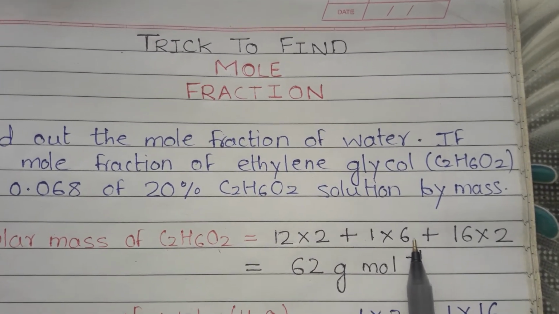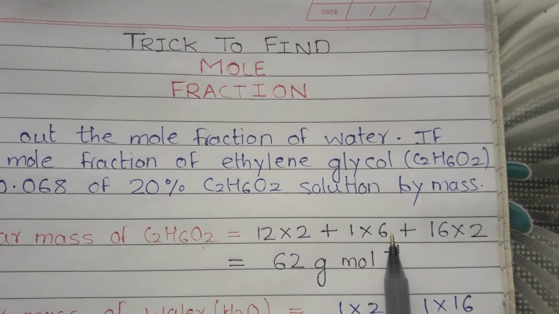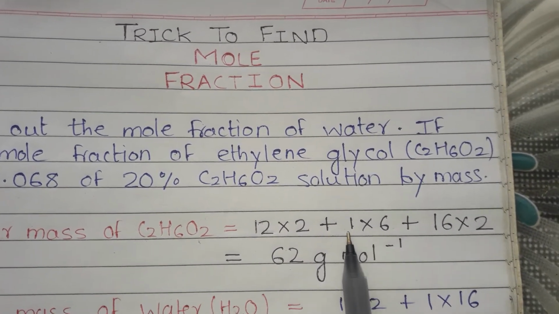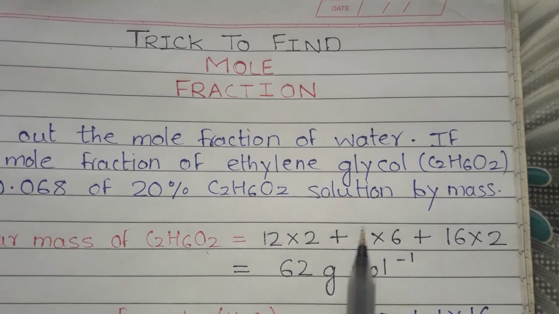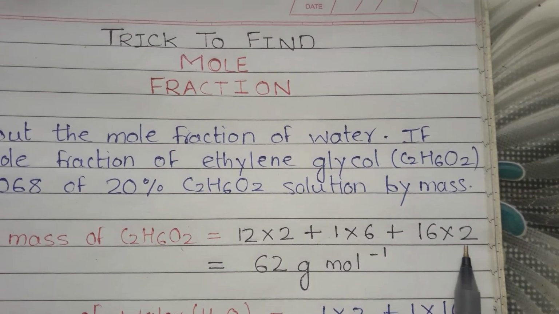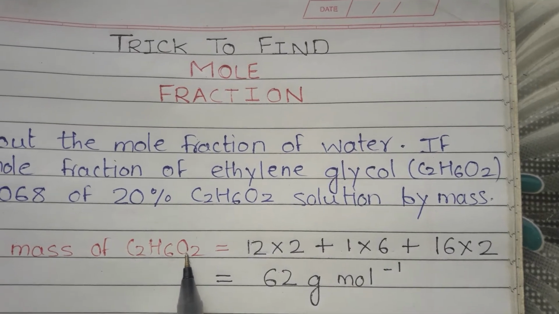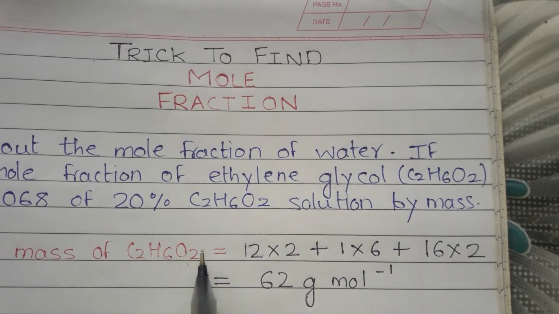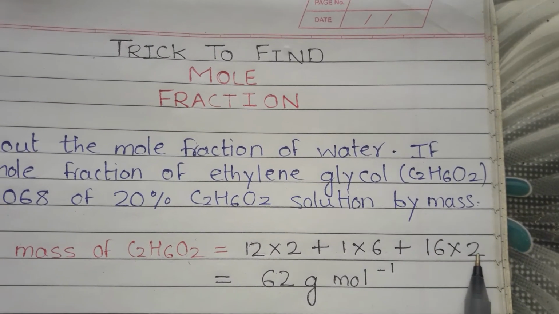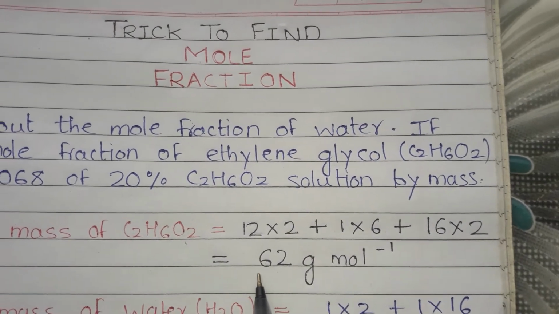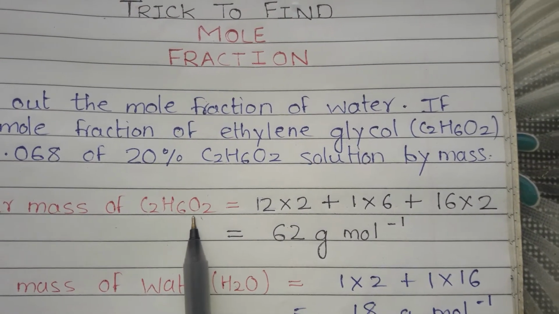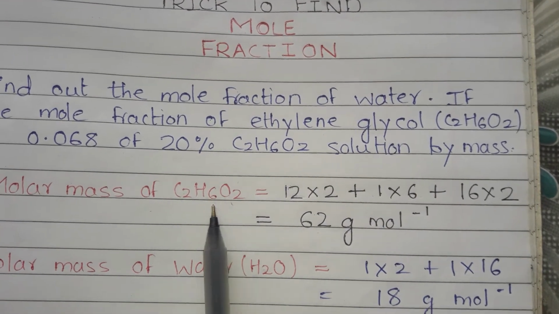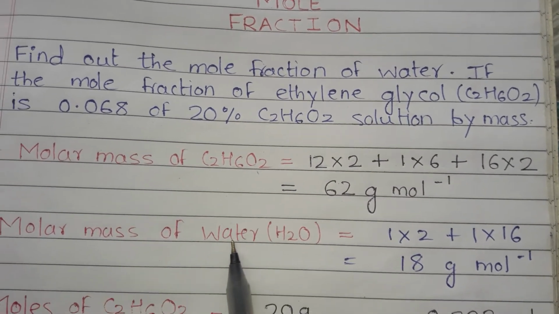As we know, hydrogen has atomic number as well as atomic mass number 1, so we multiply 1 by 6 because we have 6 hydrogens, plus 16 into 2, because oxygen has atomic mass 16 and we have 2 oxygen atoms. If we solve this, we get 62 gram per mole as the molar mass of ethylene glycol.